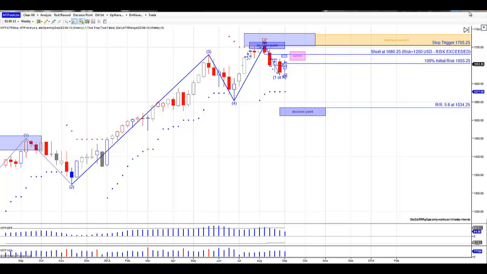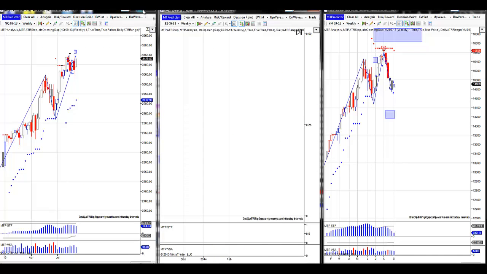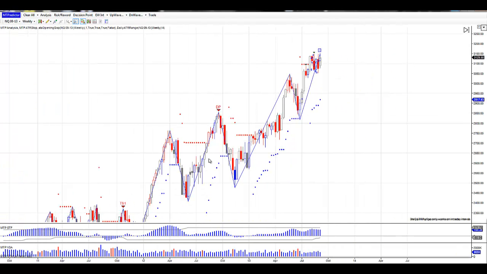The reason I'm preferring to move the stop down at this point, again, you don't have to, depending on what your situation is, is that when we look at the NQ, or the NASDAQ, we see the same position in terms of wave pattern in the minimum wave 5, but there has really not been much of any sell-off here in the NQ.